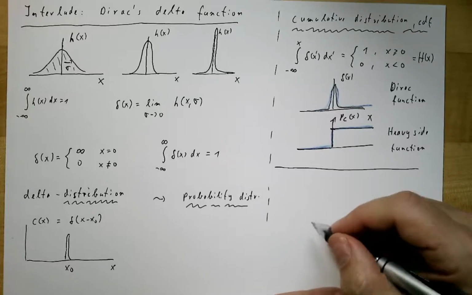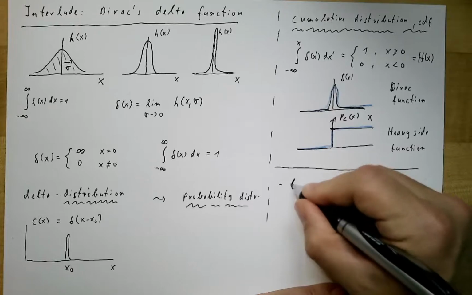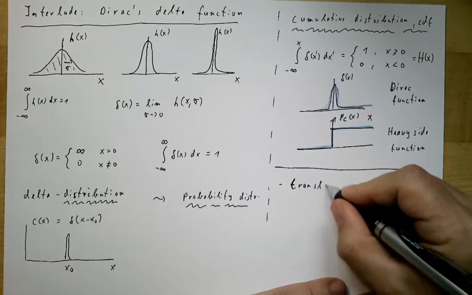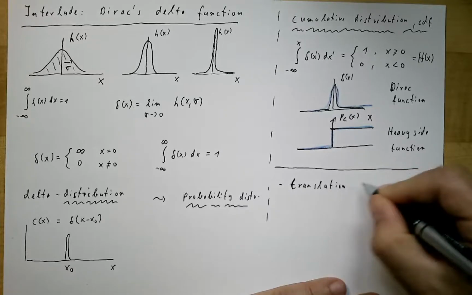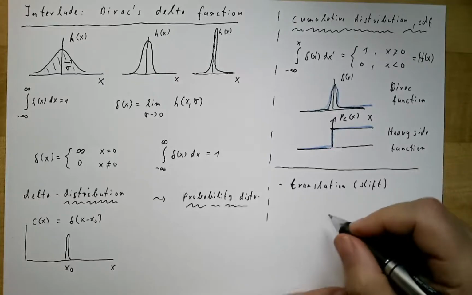For example, we can generate a translation or horizontal shift.